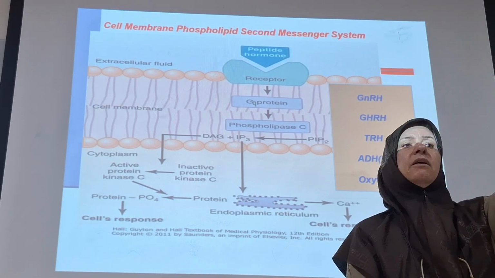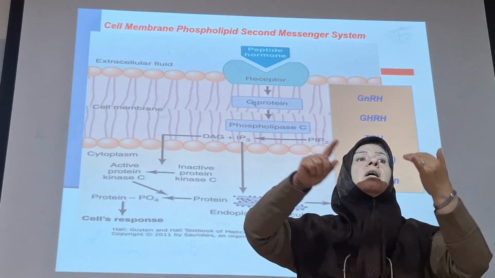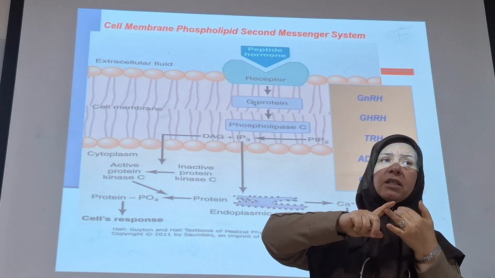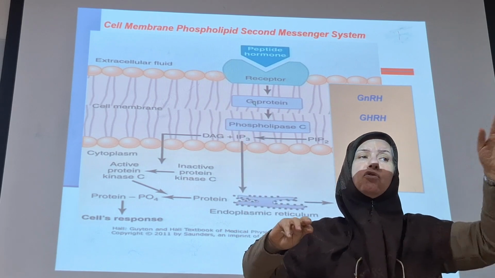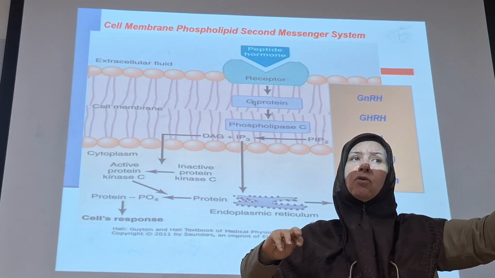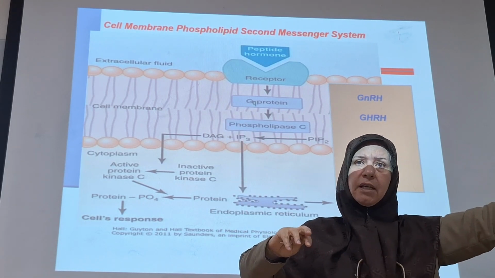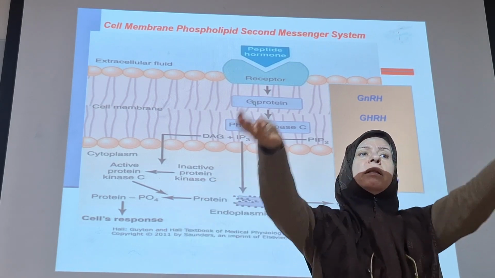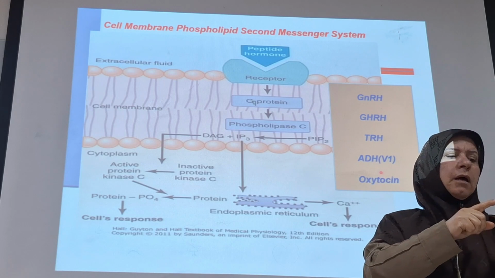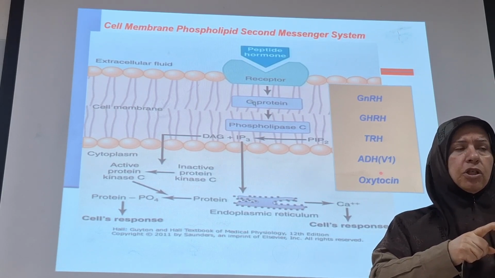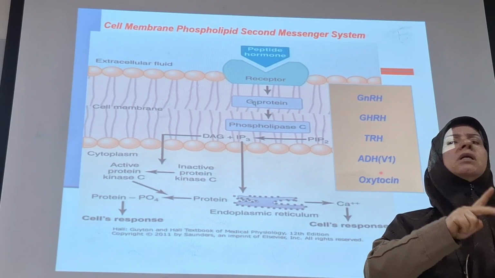From the peptide hormones, growth hormone and prolactin use cytokine receptors. Insulin and insulin-like growth factor are associated with tyrosine kinase. All others use G proteins. Gi: somatostatin and dopamine.